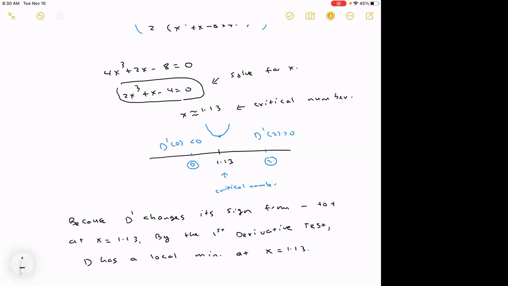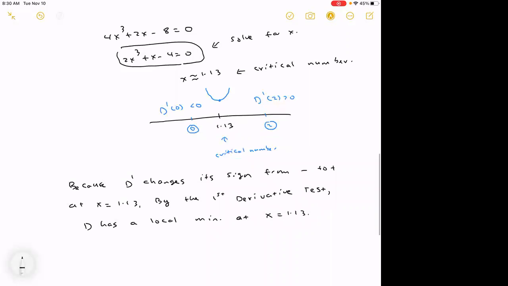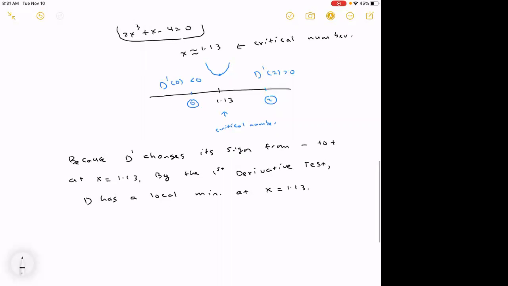You understand that? That is the first derivative test. If the derivative changes from positive to negative, the function has a local maximum at that critical number. If the derivative changes from negative to positive, the function has a local minimum at that point. And we also know that if there is only one local max, that has to be the absolute max. If there is only one local min, that has to be the absolute minimum.